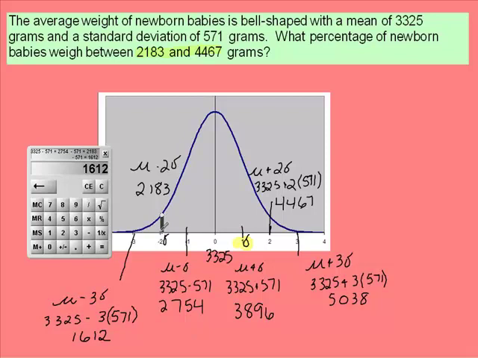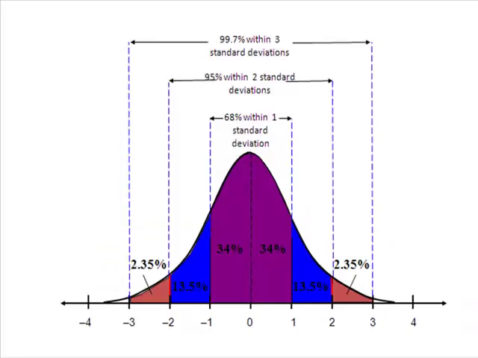But what I'm really looking for is the percentage between the second sigma limit, which was the 2183, and the 4467, which was the upper sigma limit. Let me color. Why? Coloring. There. That's colored. You're asking what percentage is shaded in red. Well, if we go back to the percentages between 2 sigmas, we would be looking at above and below 2 standard deviations.